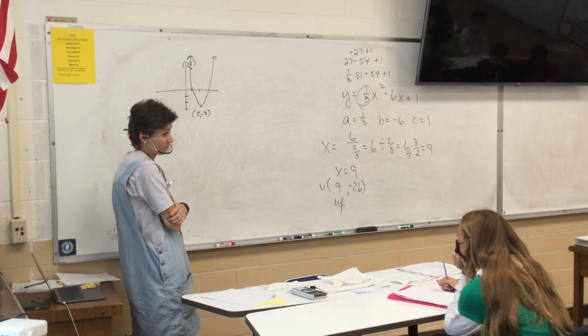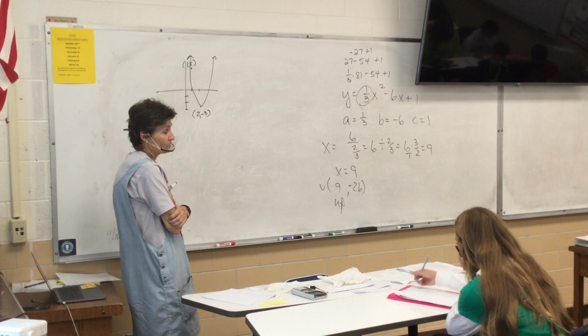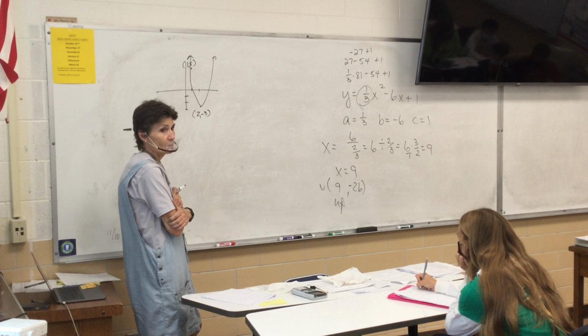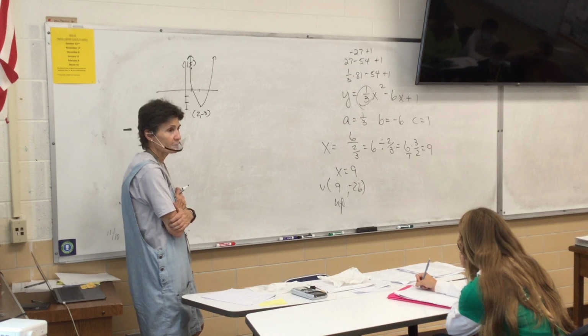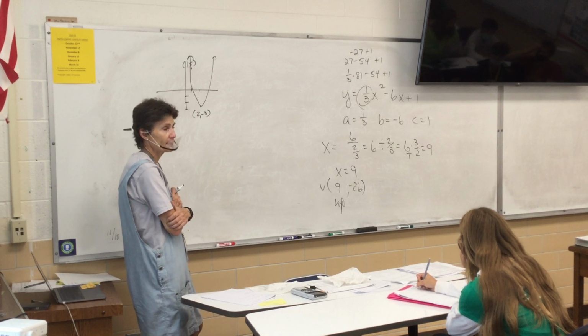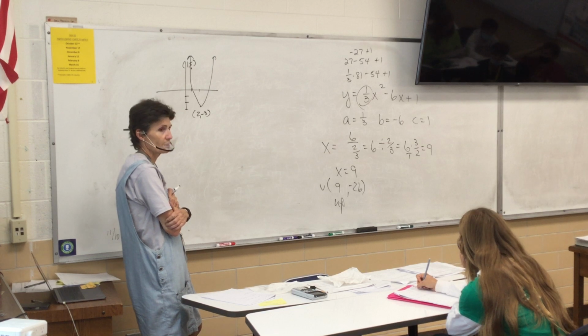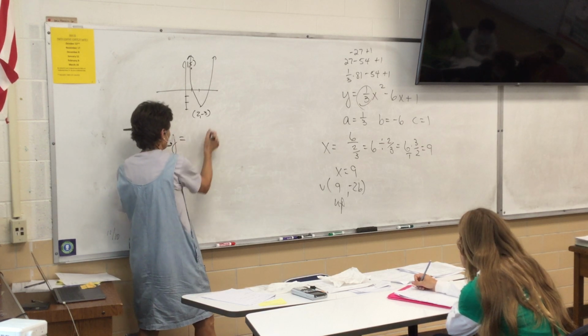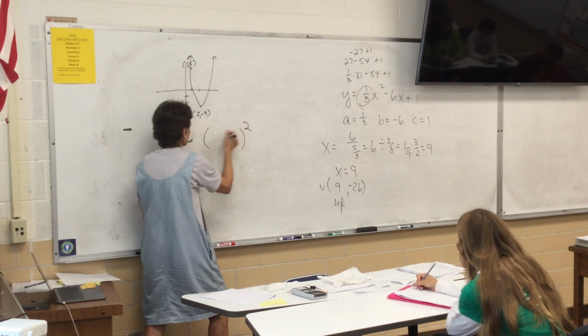I have to write an equation. Do you have any thoughts on that? Is it helpful to know the vertex? Can you at least start building an equation if you know the vertex? Yeah. So y equals, in my parentheses will be what?